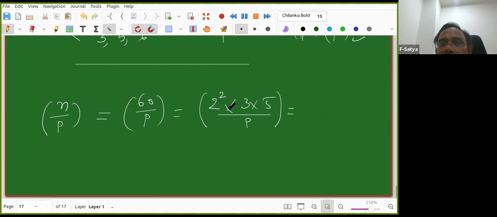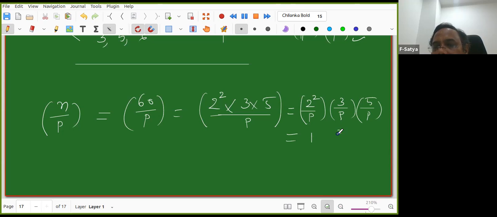Yeah. So you know that 2 square by p, 3 by p into 5 by p. Correct? Now, 2 square by p is how much? You already know. It is already a square. So it is 1. So forget about that. It is only 3 by p into 5 by p.